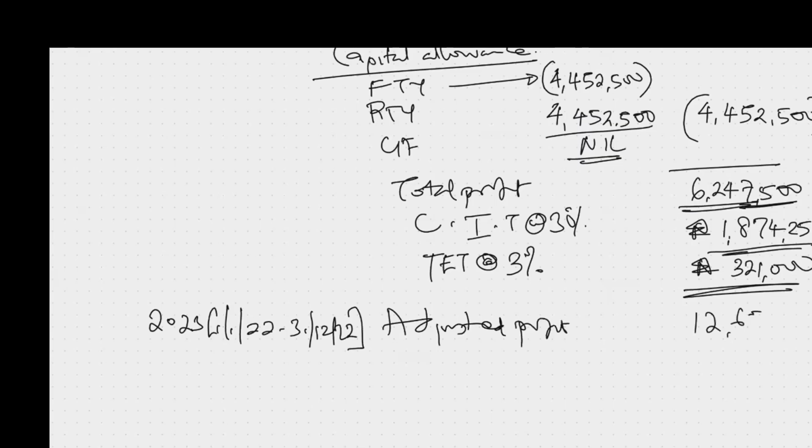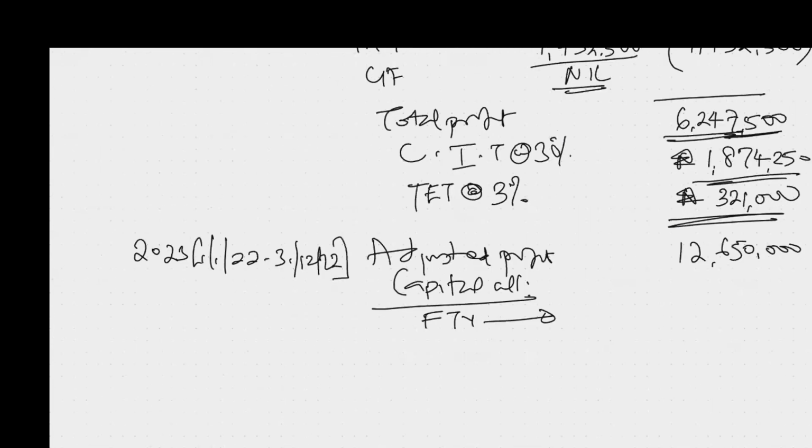Capital allowance for the year, how much? We have 1,921,250. Okay. Relief for the year. You can relieve everything. Carry forward, nothing.